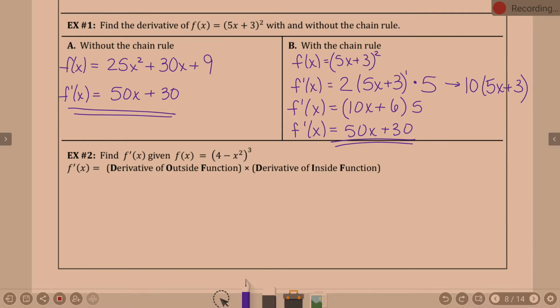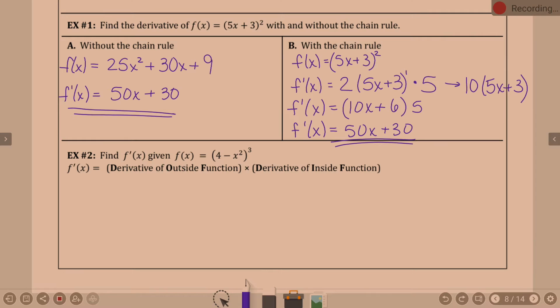Not necessarily. Okay? But this is your kind of your proof that you can go either way. And they are the same thing. Okay? But also your proof of, could I have just stopped here and said 2 times 5x plus 3? No, I couldn't have done that. Okay? So we will look at some where we don't have this option of FOILing it out and then taking the derivative the other way.